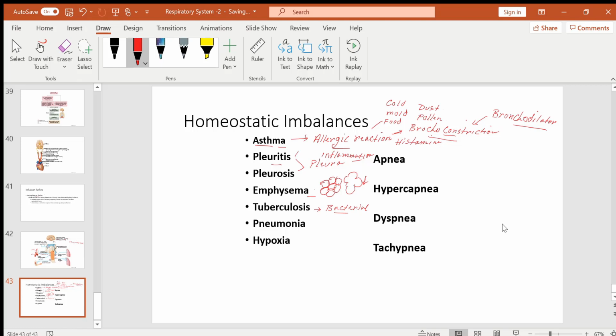So that bacteria, called tuberculin bacteria, causes infection, and when this happens, the person will have cough, sputum, and sometimes if it's not treated, that bacterially infected lung will produce blood, and that will come out with the cough.